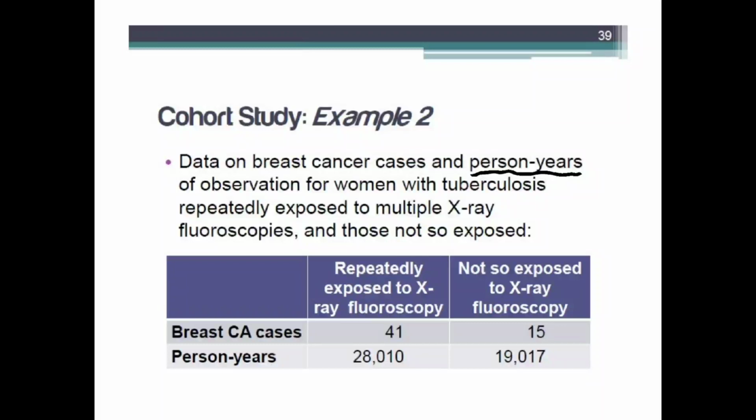So, ito, as you can see, meron na tayong mga exact value. No? So, exposed daw to X-ray. So, ito yan, exposed. And not so exposed. Ayan na yun. So, in this case, ito yung disease mo. And then, ito person years siya. So, sinabi niya person years.